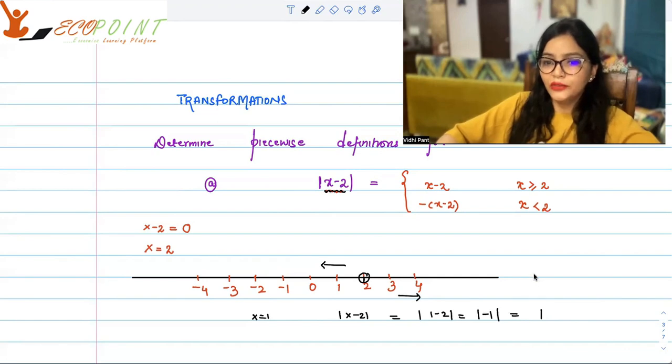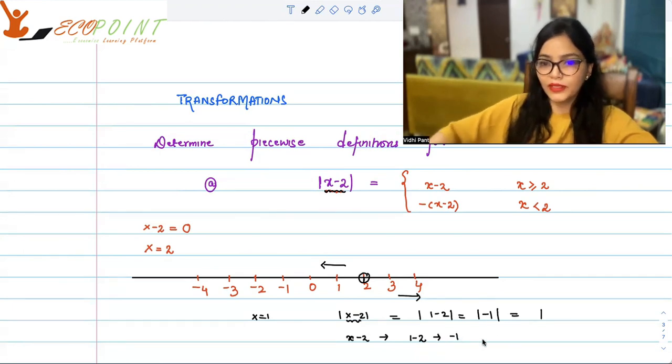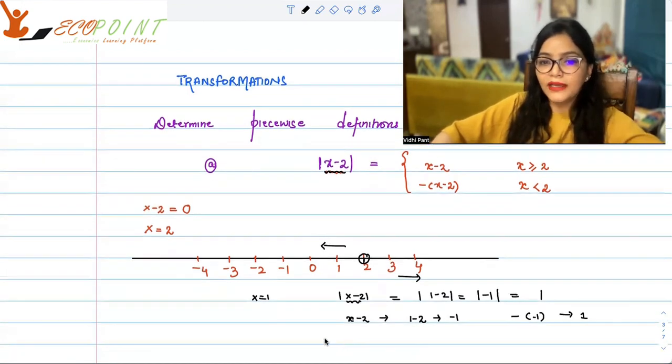How do you think you can get 1 when your input is x minus 2? x minus 2 in our case is 1 minus 2, which is giving you minus 1. If you have a minus sign outside, only then can you generate 1, which means that if I have a minus sign outside x minus 2, I am going to get minus of 1 minus 2, that is minus of minus 1, that is 1.